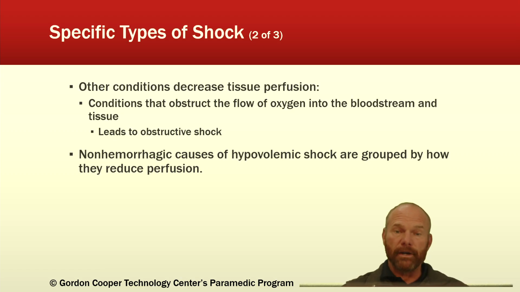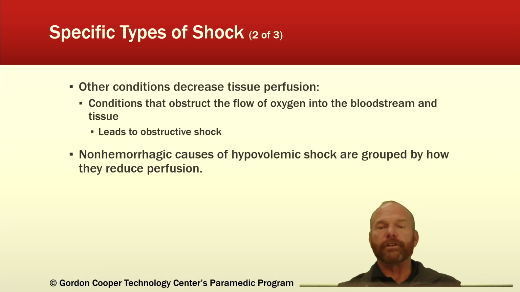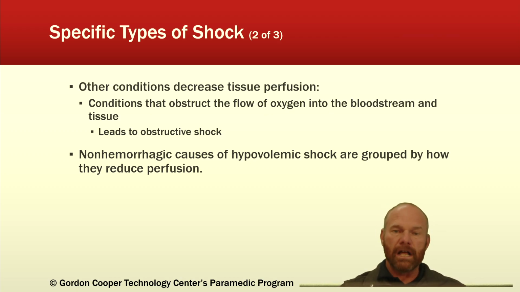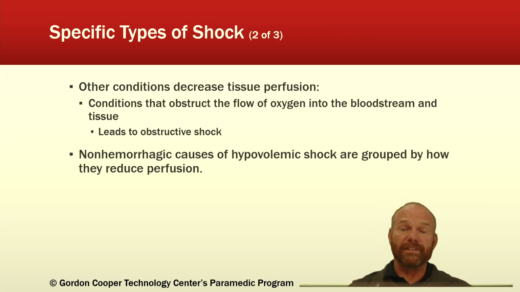Cardiac tamponade is another one, fluid accumulation in the pericardial sac that compresses the heart. Pulmonary embolism, where a blood clot blocks blood flow to the lungs. Airway obstruction prevents oxygen from entering the lungs. CO poisoning. So there are mechanisms of perfusion reduction.